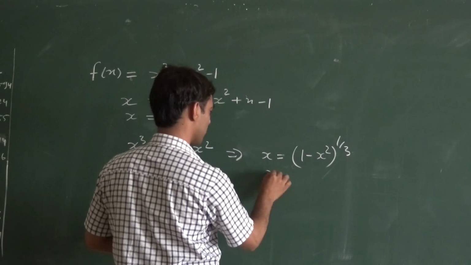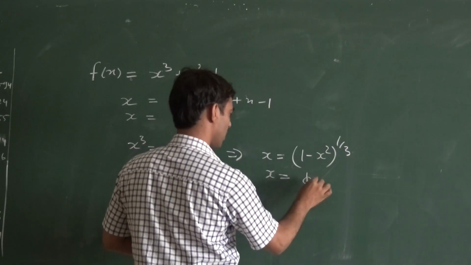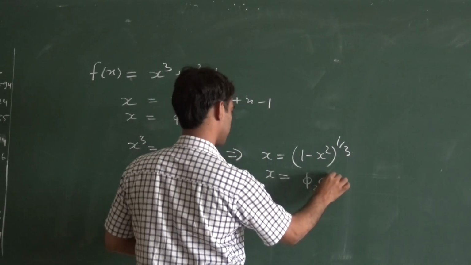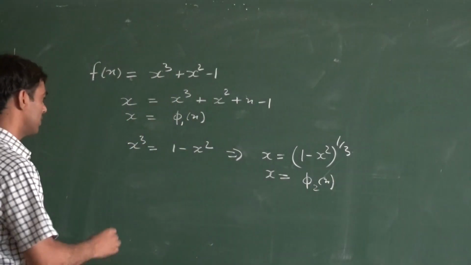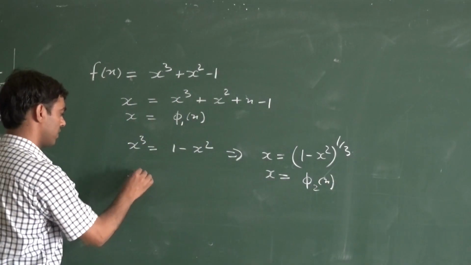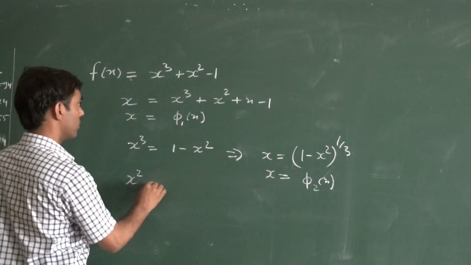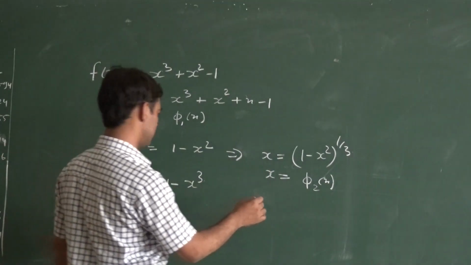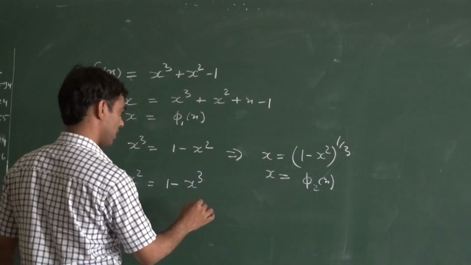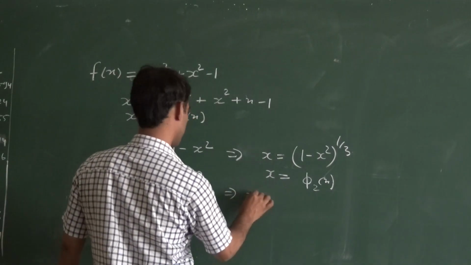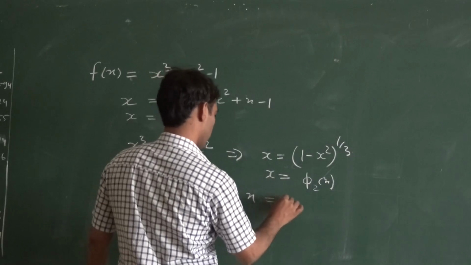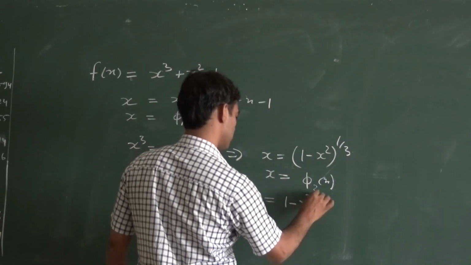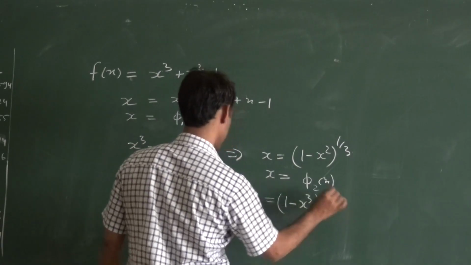This is another form of x equal phi x. Another form: x square equal 1 minus x cube, and x equal 1 minus x cube to power 1 by 2.